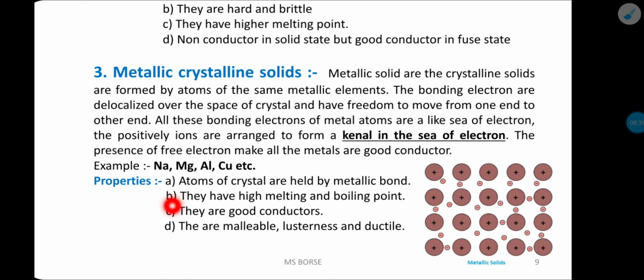The properties of metallic solids: atoms of the crystal are held by a metallic bond. Second, they have higher melting point and boiling point. They are very good conductors of heat and electricity because they contain these free electrons, and the positive ions make a canal for movement of these free electrons.